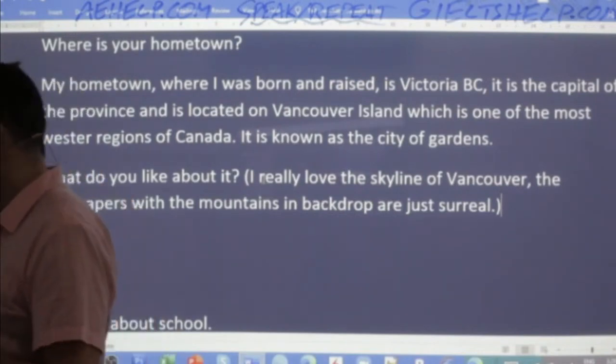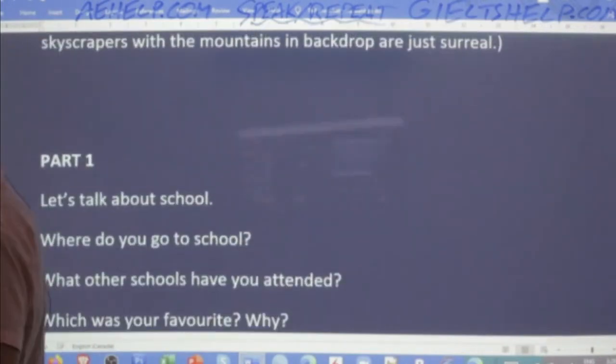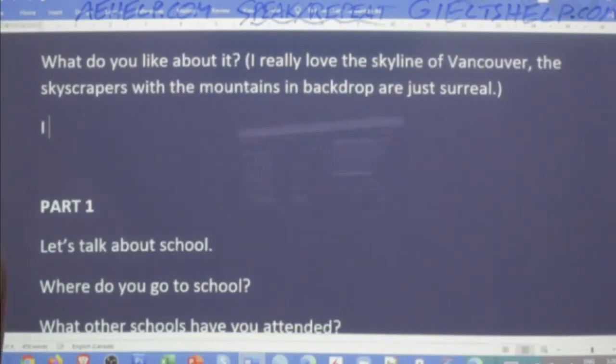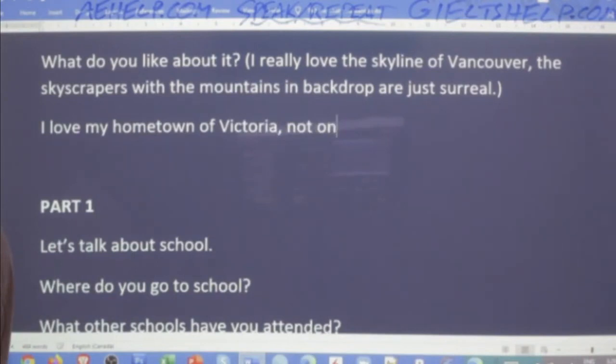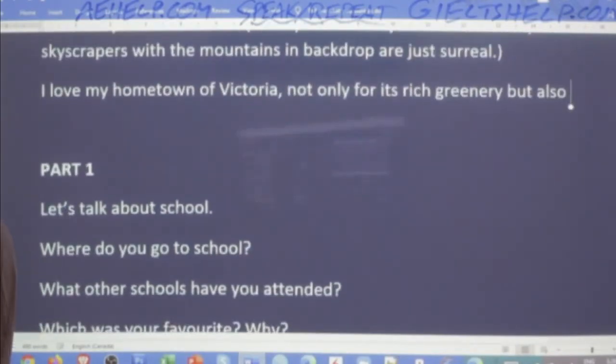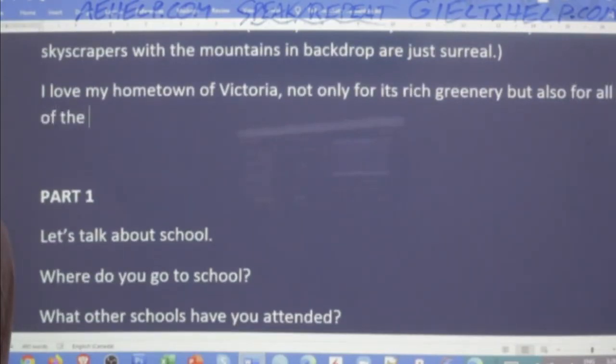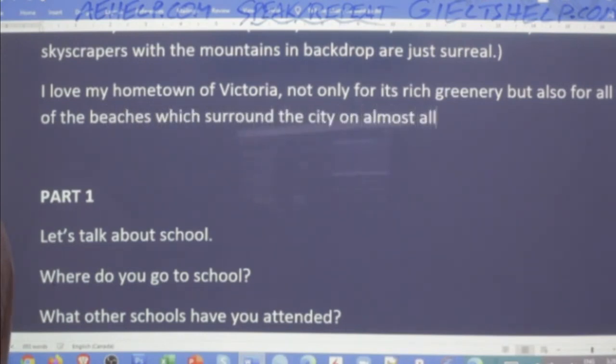All right. So what do I like about Victoria? All right. I love my hometown of Victoria, not only for its rich greenery, but also for all of the beaches which surround the city on almost all sides.